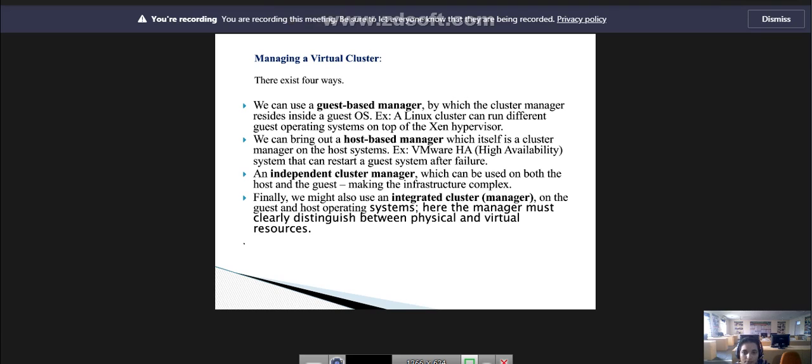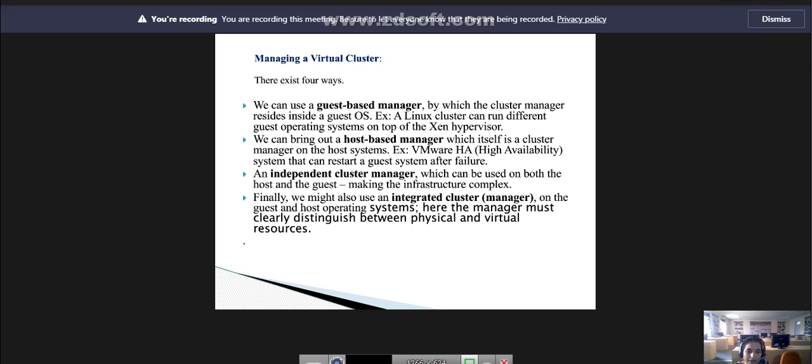Okay, in this we have the 4 ways. We can use a guest based manager, by which the cluster manager resides inside the guest operating system. For example, a Linux cluster can run different guest operating systems on top of the Xen hypervisor. Then a host based manager, which is itself a cluster manager on the host system, for example VMware high availability, a system that can restore the guest system after failure.